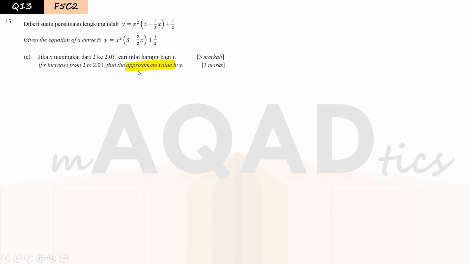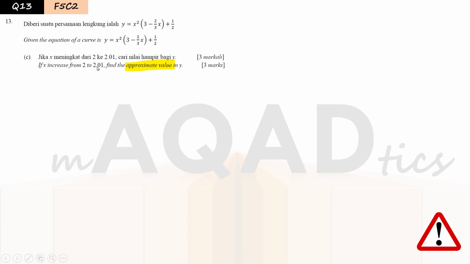So the approximate value here means the final value of y once we change x from 2 to 2.01. You may be asking, teacher, if we want to find the final value of y, shouldn't we just straight substitute 2.01 inside this equation and find the value of y? Yes, you are right.